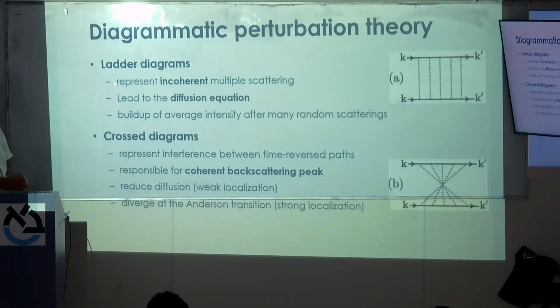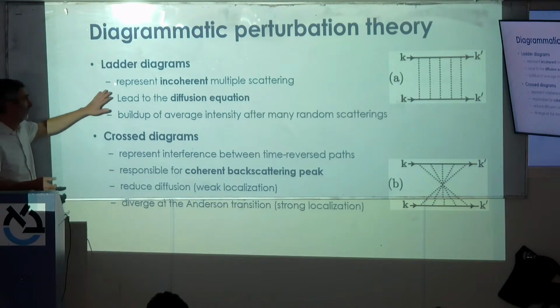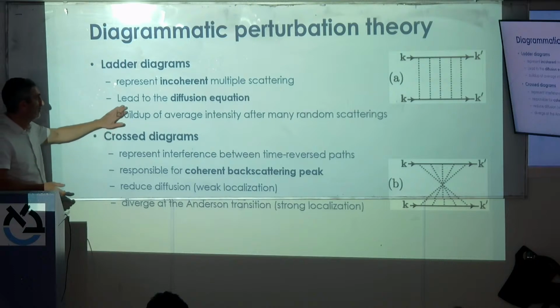Why? Because when you average over configuration, the phase between different scattering events will average to 0. So the sum can only be incoherent. That leads to the diffusion equation.